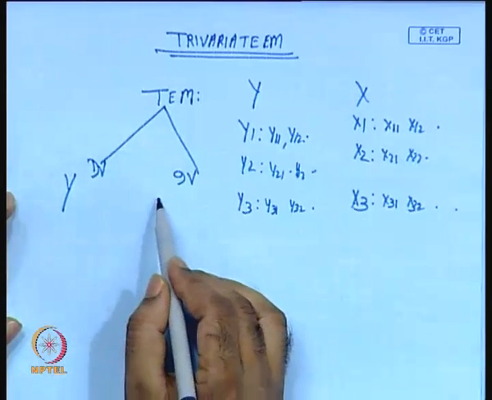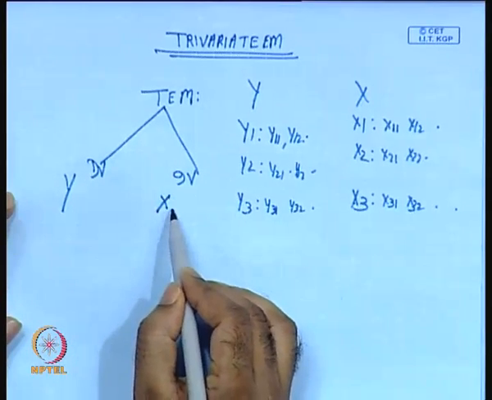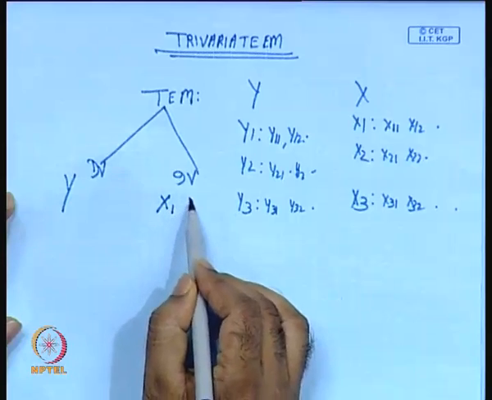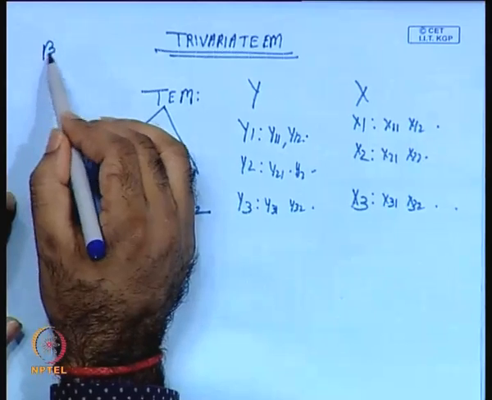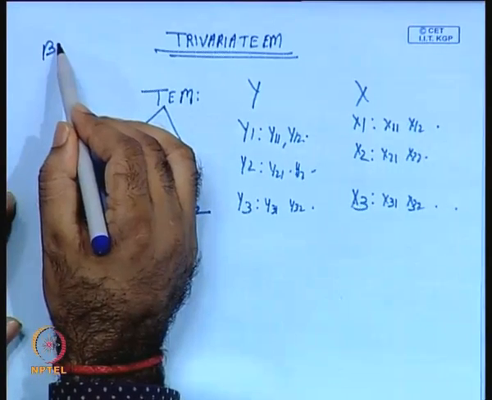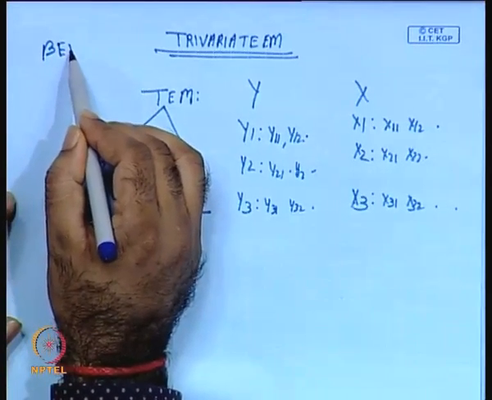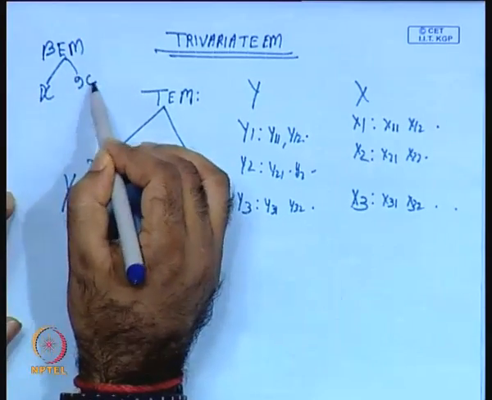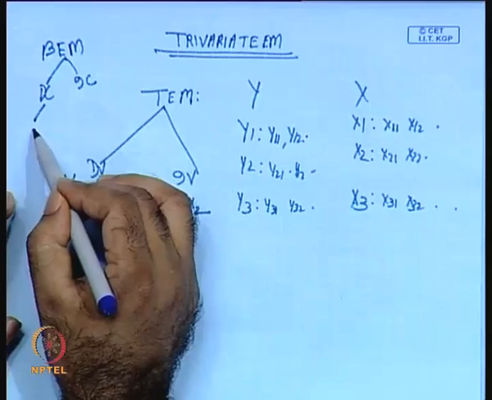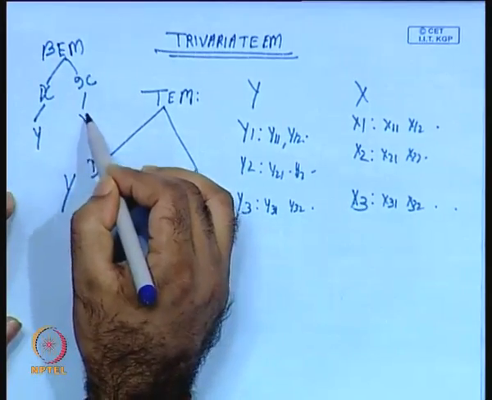In the independent variable structure, since it is trivariate, we will take two independent variables, x 1 and x 2. Now, corresponding to trivariate, consider bivariate econometric modeling. There we have a dependent classification and an independent classification, where the dependent classification is y and the independent classification is x.